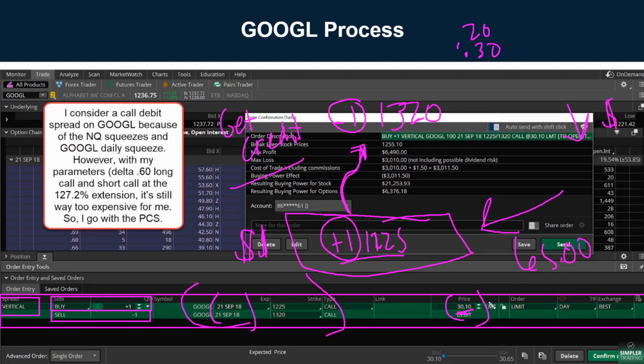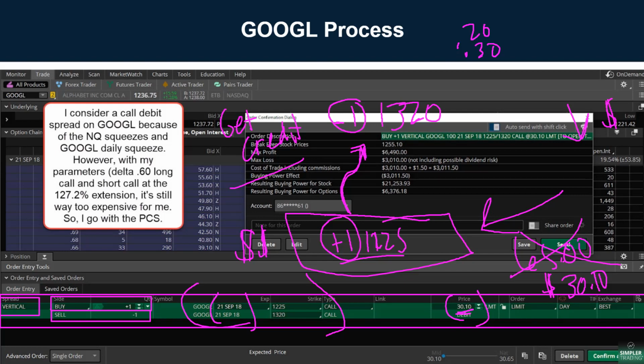Well, instead of paying $65, what you did was you sold another option up here, and that brought down the cost that you actually had to pay, because you were able to get a credit for this one right here. And then you only had to pay $30 instead of 65. It's good, right? It's a deal.